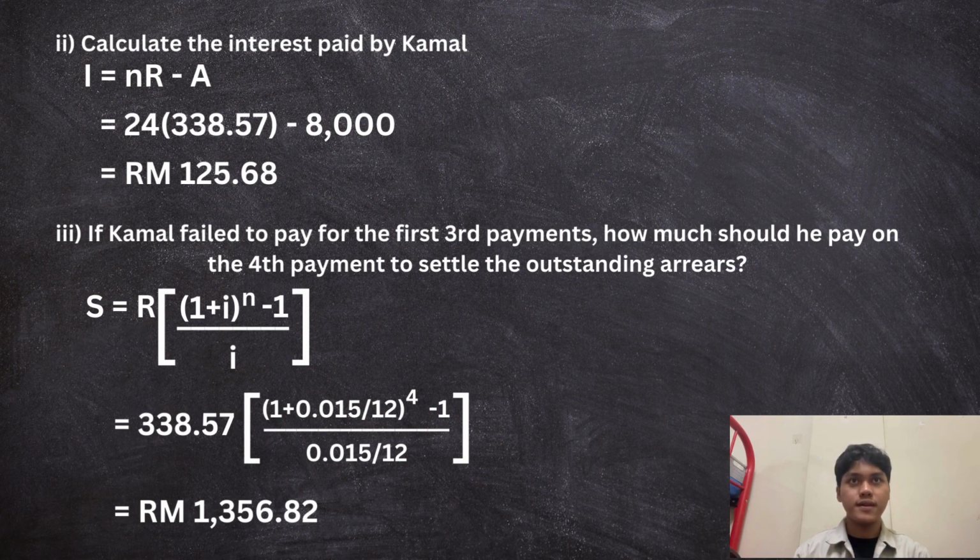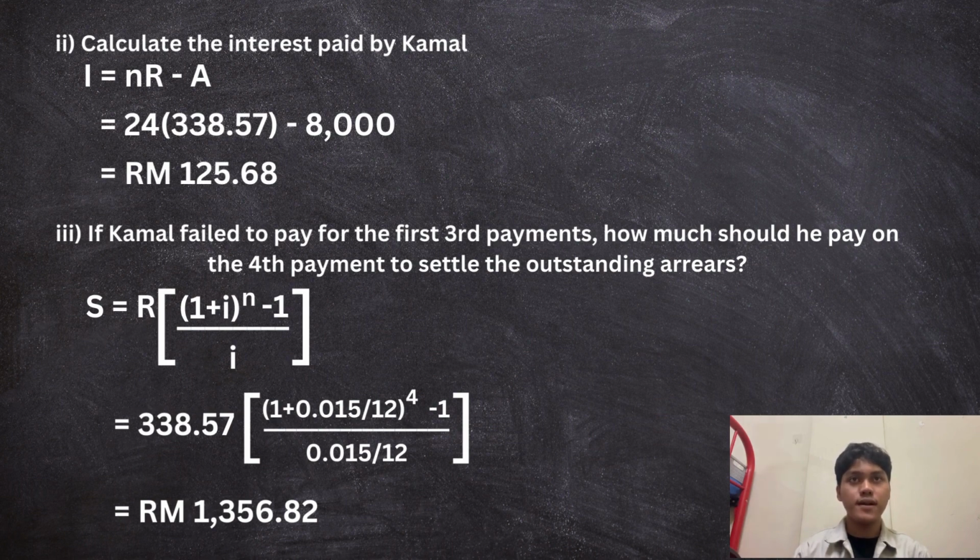Question B3. If Kamal failed to pay the first three payments, how much should he pay on the fourth payment to settle the outstanding arrears? For this case, we use the formula S equals R times (1 plus i) to the power of n minus 1, divided by i. With the given information, S is the future value we have to find, equals R, which is 338 ringgit and 57 cents, times (1 plus i), where i equals 0.015 over 12, to the power of n, which equals 4.